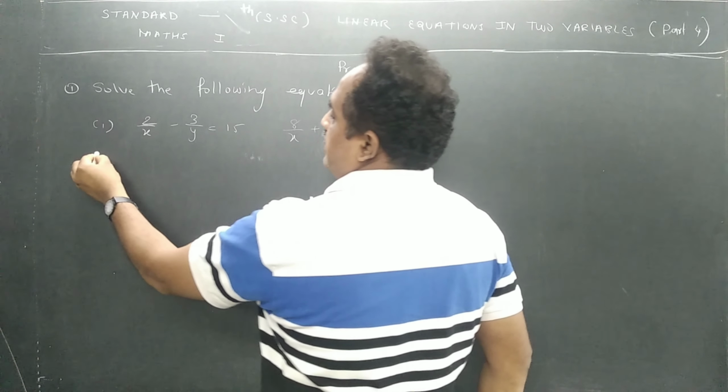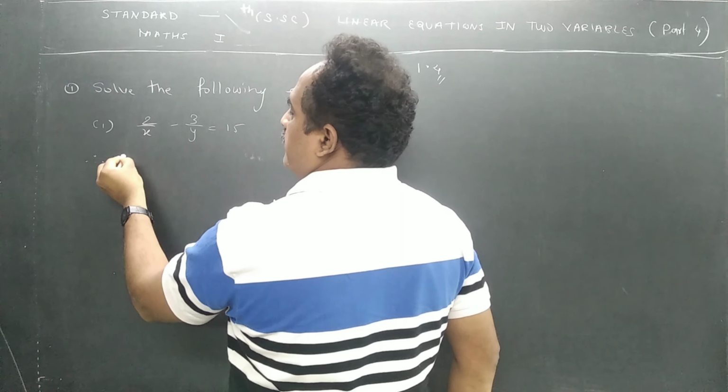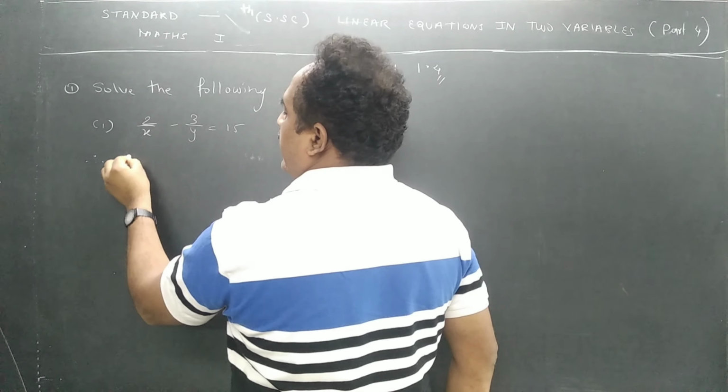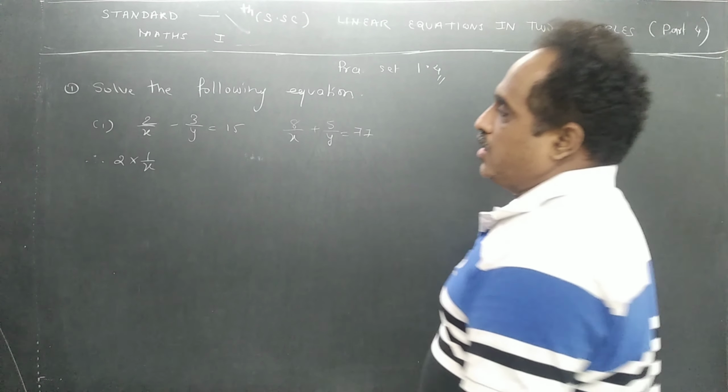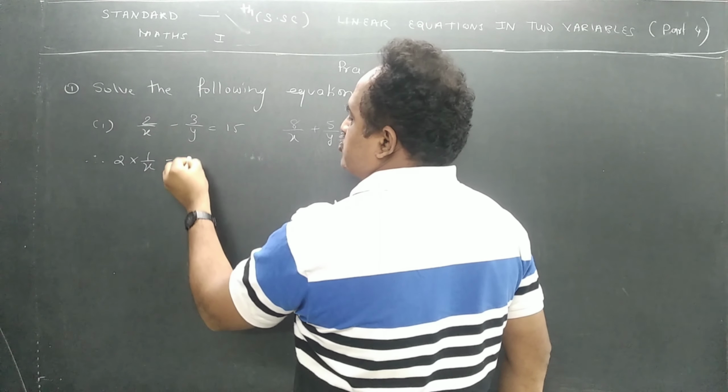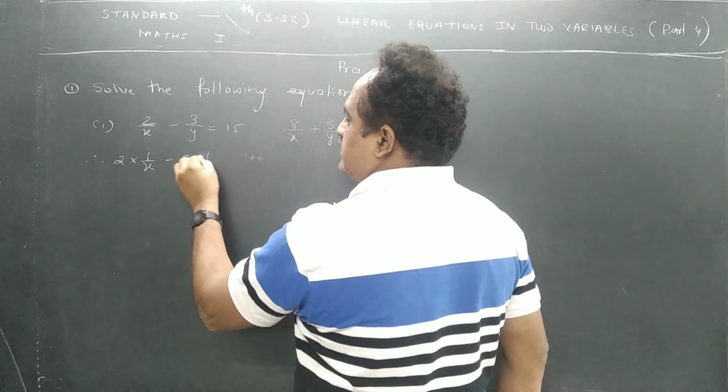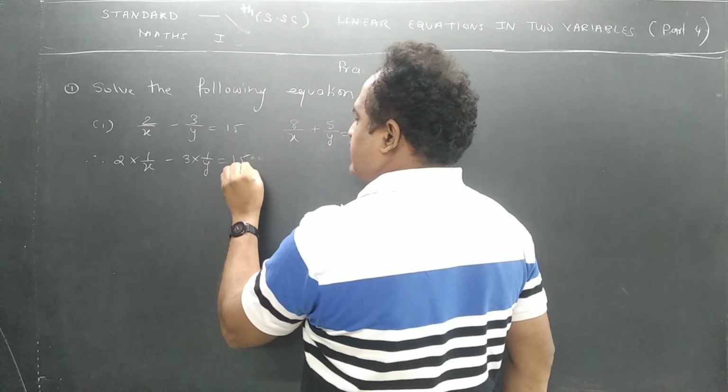How to do it? We are going to write, therefore, 2 upon x means 2 into 1 upon x. Got it? Minus, instead of 3 upon y, I am going to write 3 into 1 upon y is equal to 15.